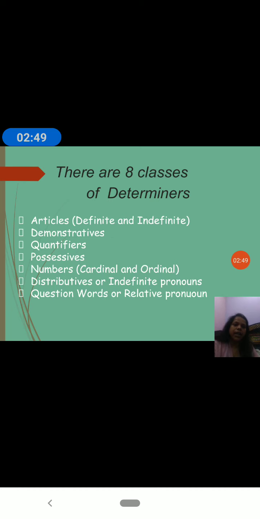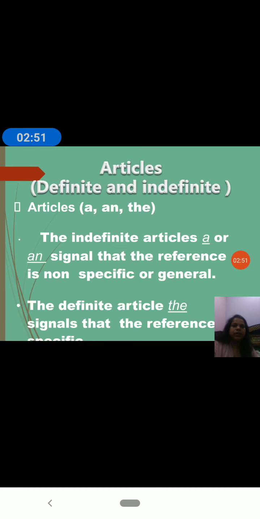So there are 8 types of determiners. First, articles, definite and indefinite. The articles are a, an and the.